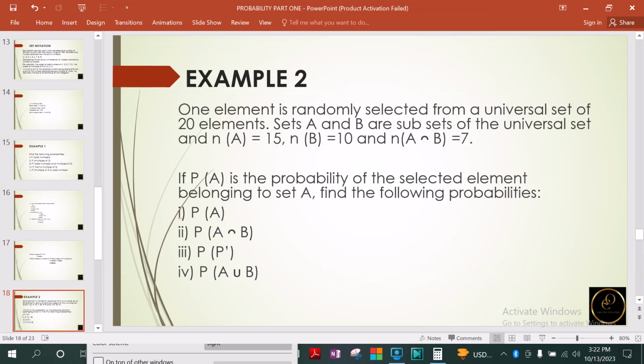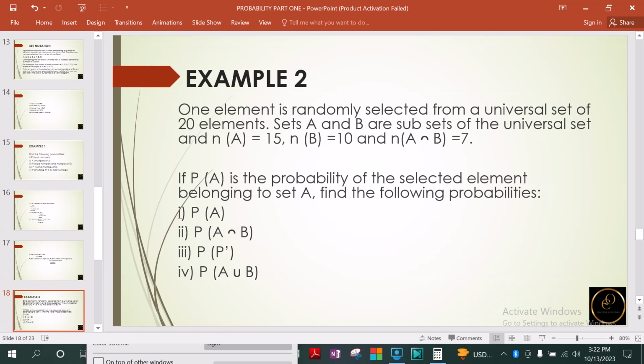Then we also have another example. Okay, this example has to do with one element randomly selected from a universal set of 20 elements, and then you are told set A and set B are subsets of the universal set, and the number of items in set A is 15, the number of items in B is 10, and the cardinality of A intersection B is 7.